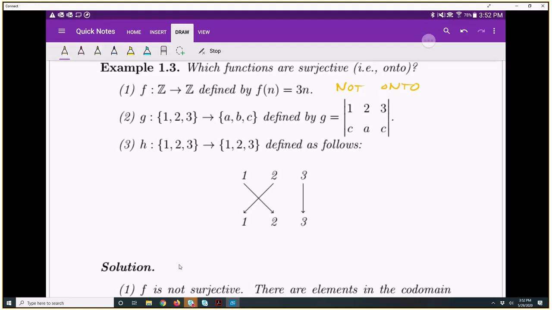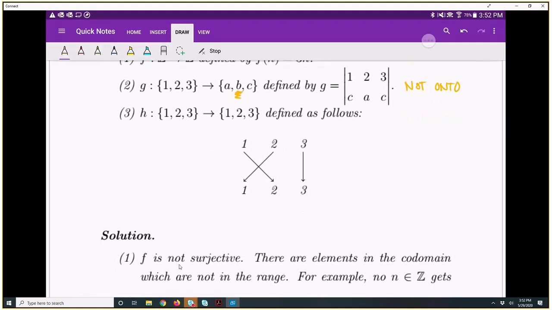The next one, g, from the set {1, 2, 3} to the set {a, b, c}, and we have this notation here where we can see that 1 is mapped to c, 2 is mapped to a, 3 is mapped to c. This is also not onto because there isn't anything mapped to b. It's a perfectly valid function, but there's nothing mapped to the element b.